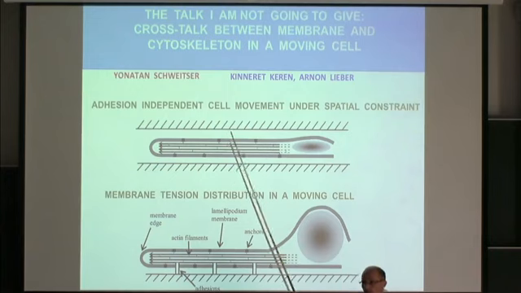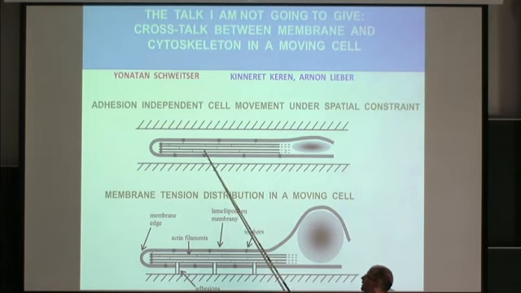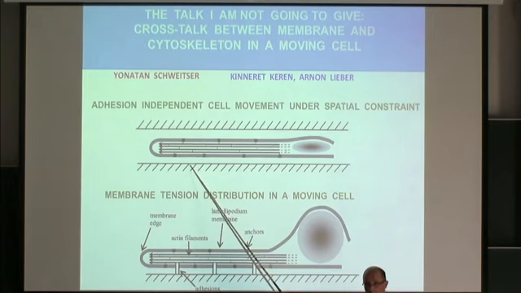We were able to show that the direction of this motion and also the speed depend on a parameter which characterizes the friction coefficient between the anchors of the actin cytoskeleton in the membrane and the substrate, as compared to the friction coefficient between the membrane itself and the substrate.